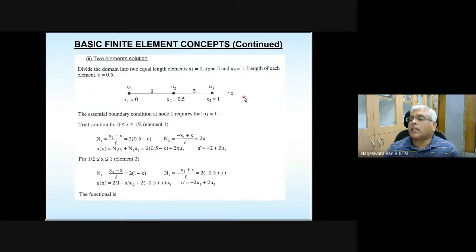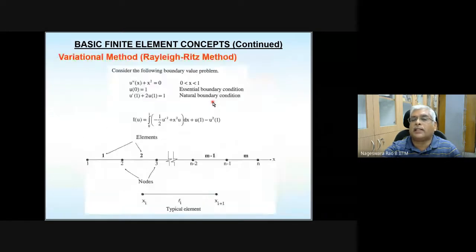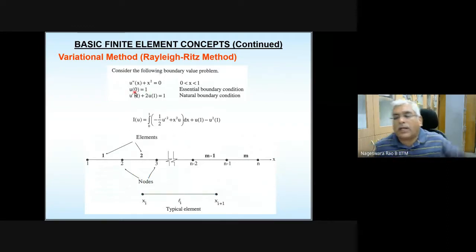Once we have the discretization, and once the problem statement is given, once we know where the essential boundary condition is applied, we need to just simply see which node corresponds to x equal to 0.